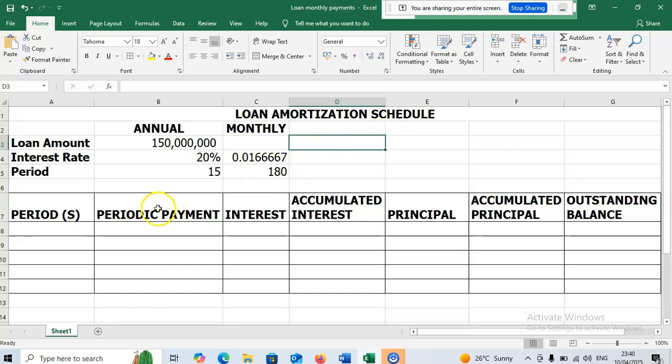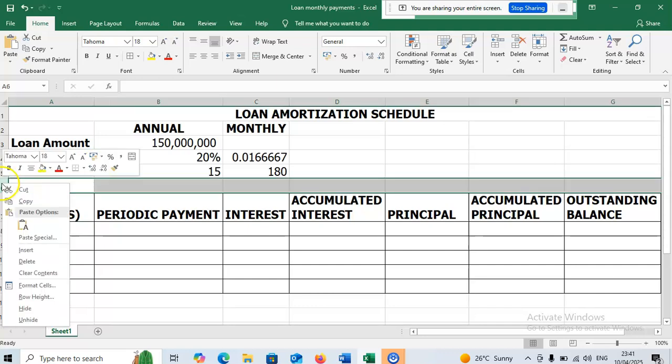Now that is what I talked about yesterday. Under period here, you don't have to type 1 up to 180. There is a formula that can help us. Just type it in and then you'll be able to get the 180. But before we start entering in the periods, we want to determine the monthly periodic payments.